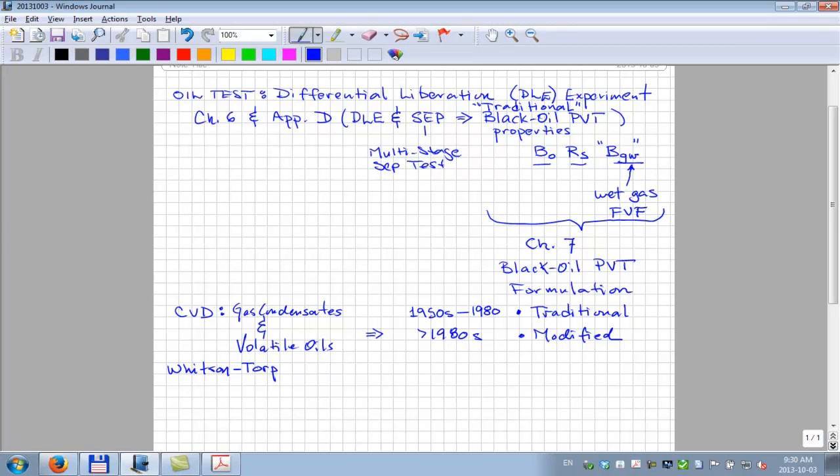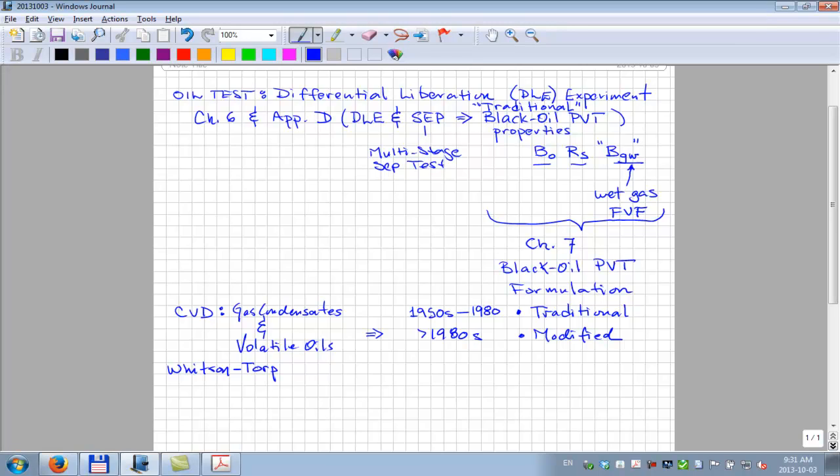We're going to go through that experimental procedure, and we're going to look at an experimental report, a laboratory report, which someday you'll probably be looking at and wondering, what were these, where do we get these data, what do they mean. Hopefully you'll have a better understanding of that because of this course. So that's where we're going today, and then tomorrow we'll cover the constant volume depletion test, and we'll go through that in some detail. Any questions? So that's the game plan.